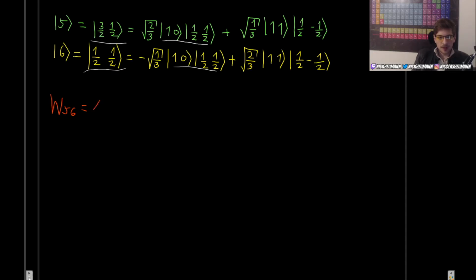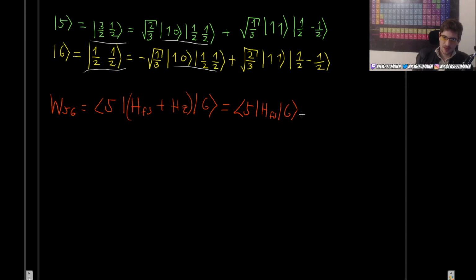So the left side will be, let me do this step by step, bra of 5, Hamiltonian fine structure plus Zeeman, times this. Maybe it would have been even a bit clearer if I had multiplied here: 5, Hamiltonian for the fine structure, 6, plus 5, Zeeman, 6.